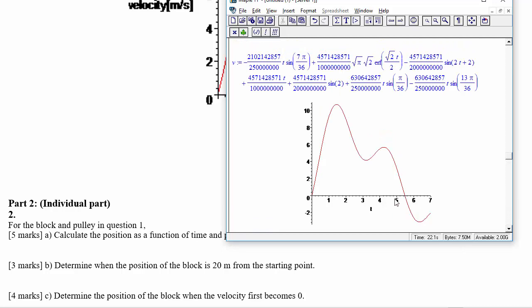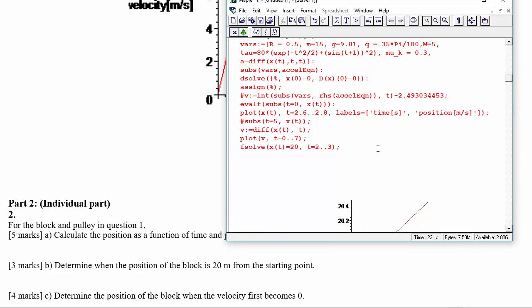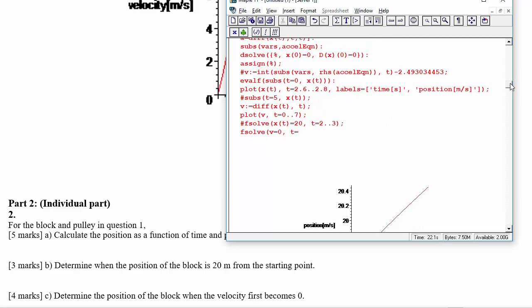And in order to zero in on exactly where that is, we could once again just zoom in the plot or use fsolve. So this time we'll say fsolve v equals 0, and because v starts at 0, we have to give it a time range.